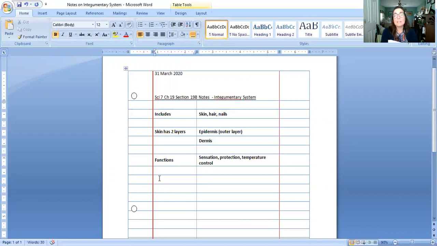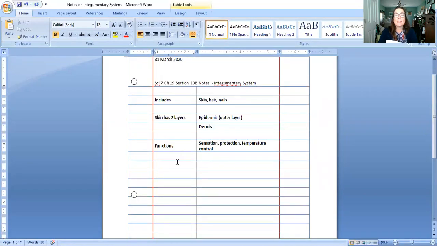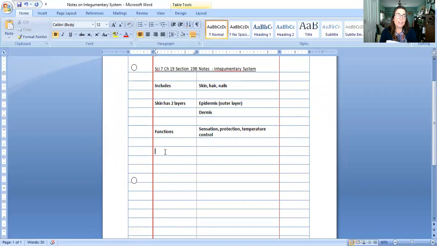Now we're going to talk about some different features of the integumentary system, different things about the skin, or different things that the skin makes that help protect us. The first one that we're going to talk about is the oil glands in our skin. And a lot of us do not like feeling like we're oily.